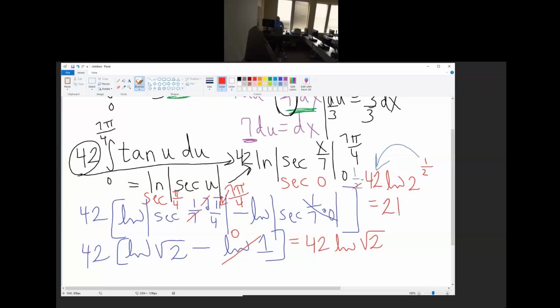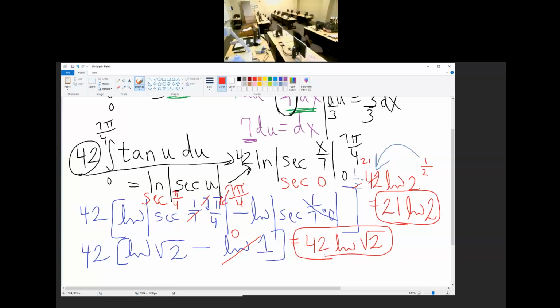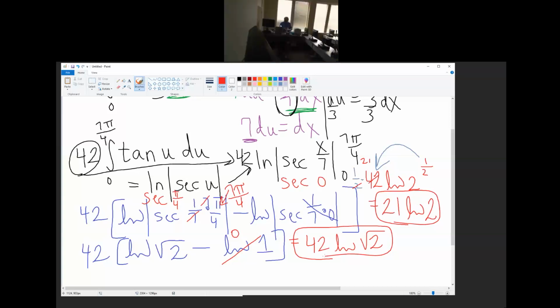Two can go into 42 21 times. So this is the answer that my math lab got, but I would accept either answer. Are there any additional questions about this problem?